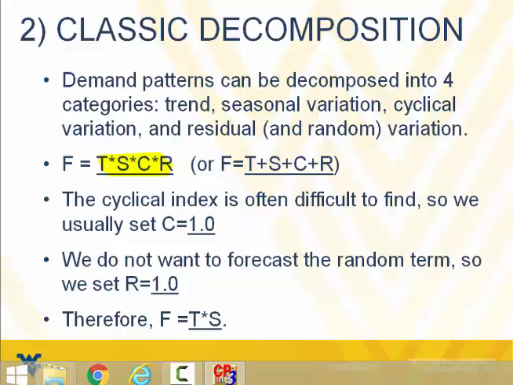Since we are looking at operational forecast, we're going to ignore C by setting it equal to 1. And since we don't want to fit noise, we are going to take the random component and set it equal to 1, which leaves us with the classic decomposition forecast, which is the product of the trend and the seasonal component.